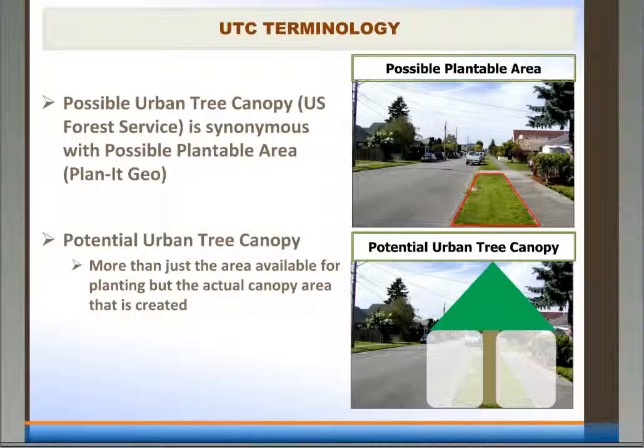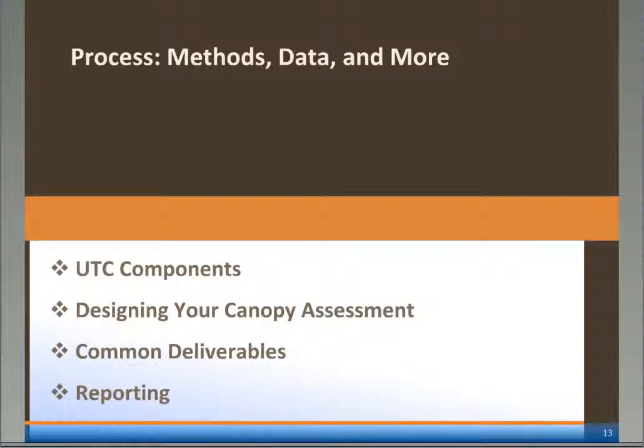So there are two distinct things, and it needs to be clear that at the parcel level, or at a watershed level, or maybe a neighborhood, or citywide, when you add up all of these areas, that's really your total plantable area, but it doesn't necessarily represent your canopy. So again, this is sticking with trying to understand the terms involved, and I'm hoping that you're able to better visualize these products now.